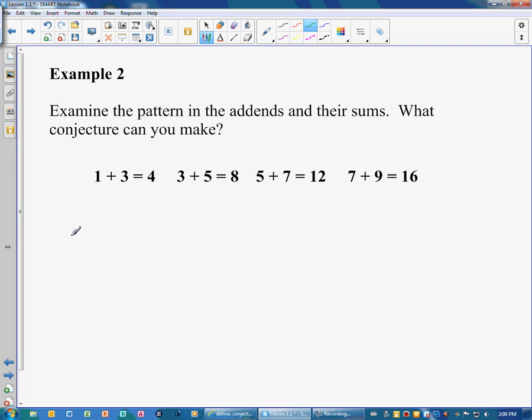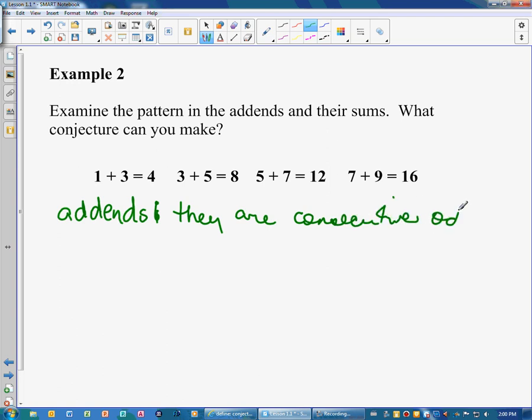I noticed that they are consecutive, meaning in a row, consecutive odd numbers. 1 plus 3, 3 plus 5, 5 plus 7, 7 plus 9. So they're odd numbers that are in a row. They're consecutive.